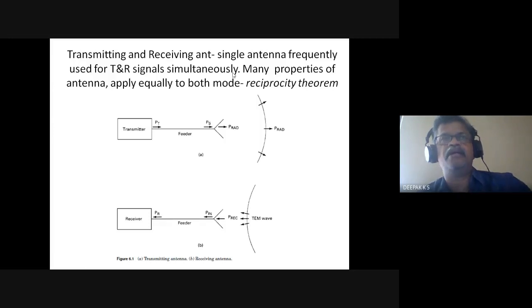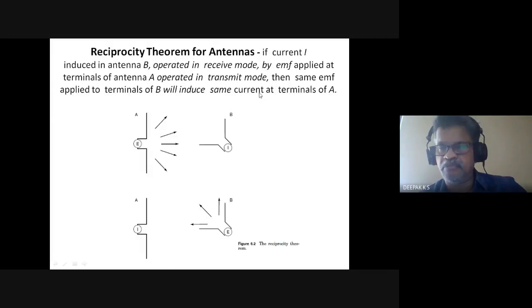We can have a device called a diplexer which can switch between transmit and receive, so we can use a single antenna. Now many properties of antenna apply equally to both modes, for the transmitting mode as well as the receive mode, because of a theorem called the reciprocity theorem, which is shown here. You have an antenna A, to which an EMF is applied.